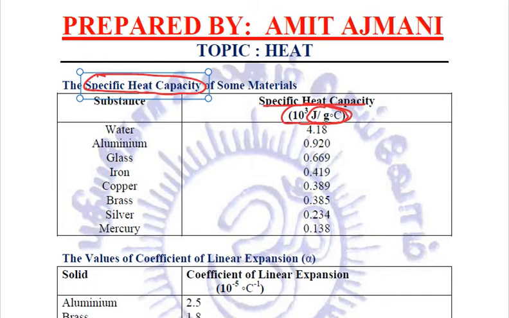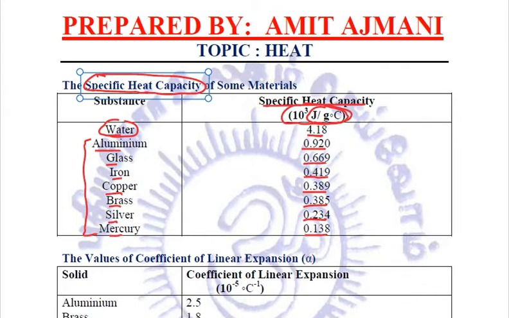The specific heat capacity of water is 4.18. Of aluminium is 0.920. Of glass it is 0.669. Of iron it is 0.419. Of copper it is 0.389. Brass is 0.385. Silver is 0.234. Mercury is 0.138. So among these, we can relate that the specific heat capacity of water is much more as compared to the specific heat capacity of normal metals.